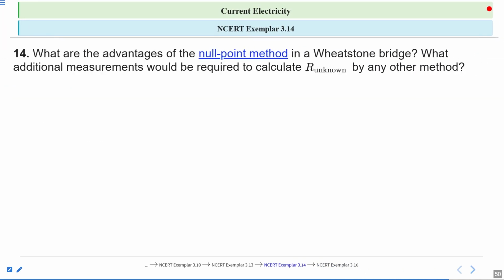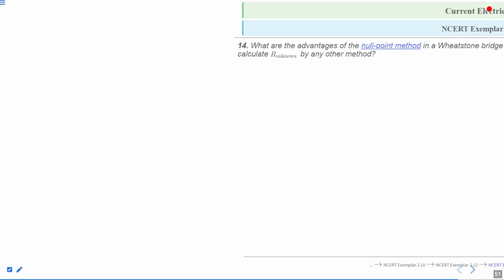So our next question: what are the advantages of the null point method in a Wheatstone bridge? What additional measurement would be required to calculate R unknown by another method? So let's see the solution.